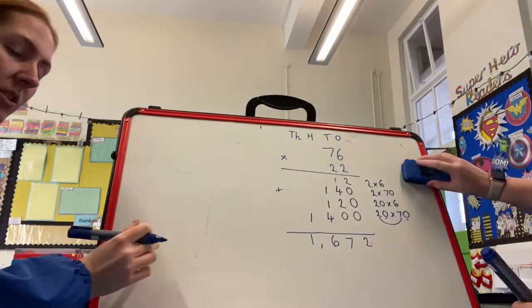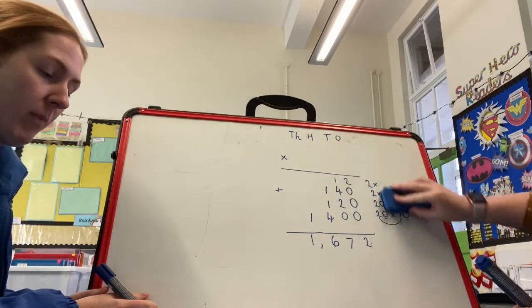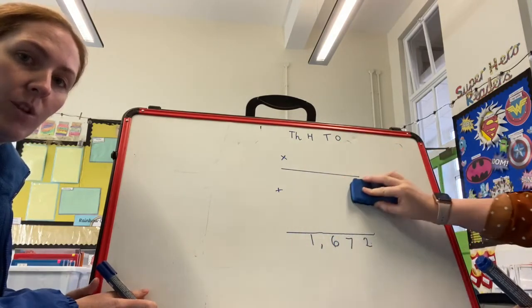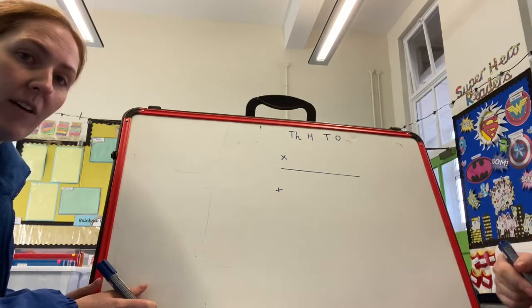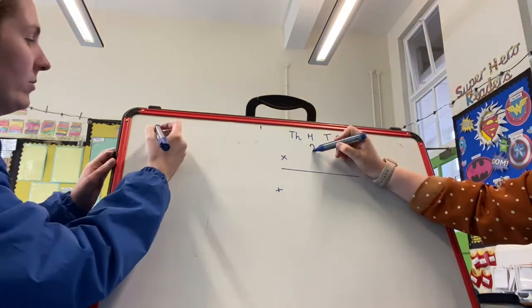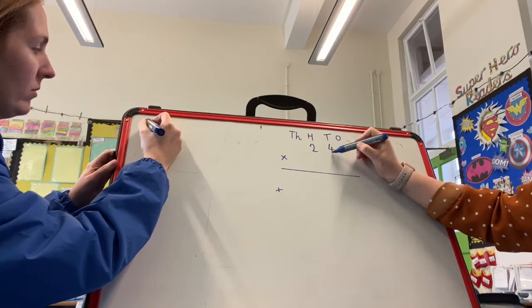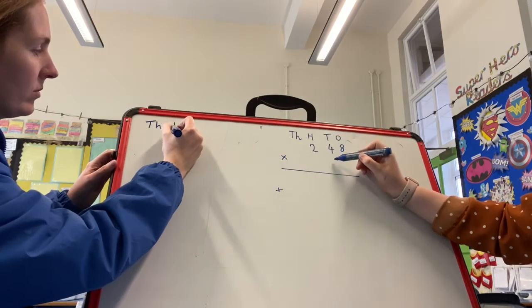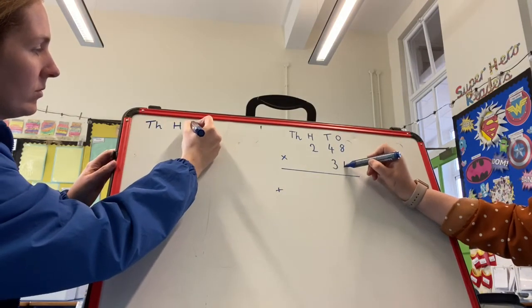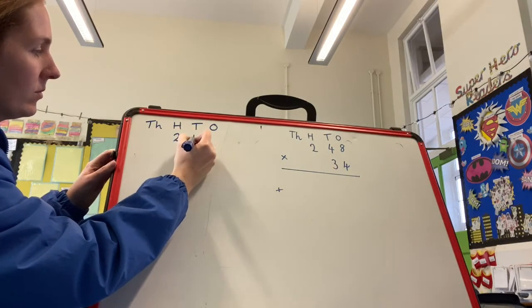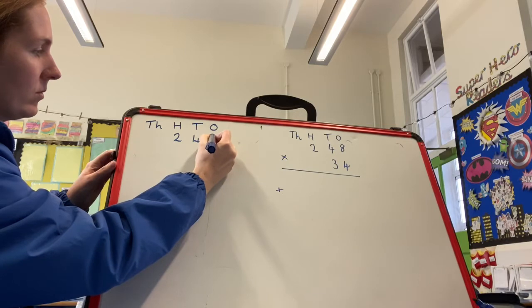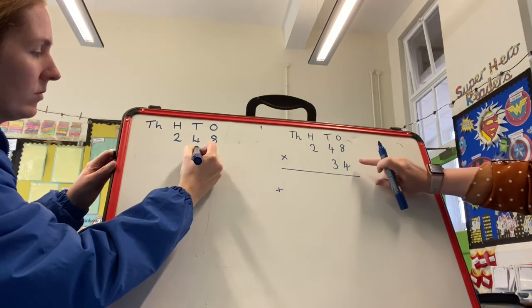The next question is going to be 248 multiplied by 34. So 248 times by 34. You can pause and have a go if you want. Okay, so I'm going to start off with my ones column again.